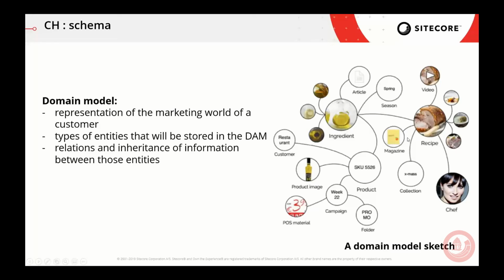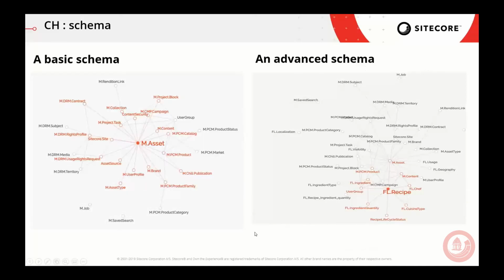And then they may be selling some ingredients as a product, so that needs some PCM capabilities. The recipe will have some chefs. The chef may write some articles and so on. That's like a rough domain model they would be thinking about, and they will build that in Content Hub.